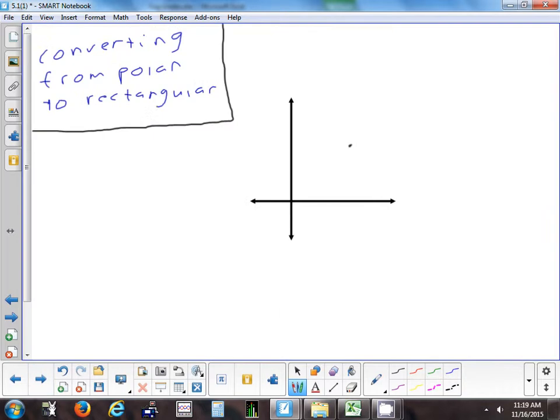All right, and last thing we'll look at today is how we change something that's in polar back to what we're familiar with, rectangular. So what I'm going to do is just start with a point. You don't have to draw the circles. It doesn't really matter. Just put a point anywhere in quadrant 1.